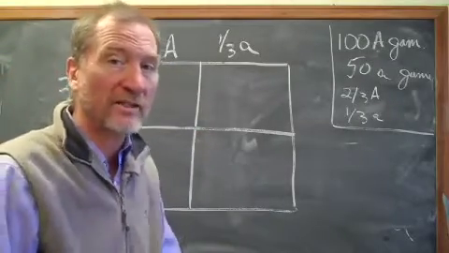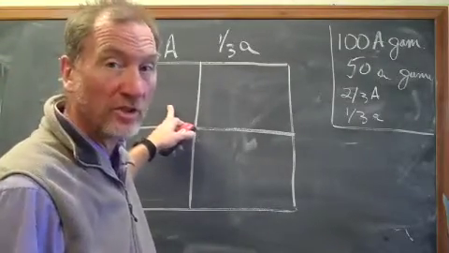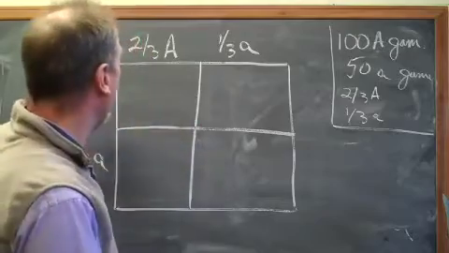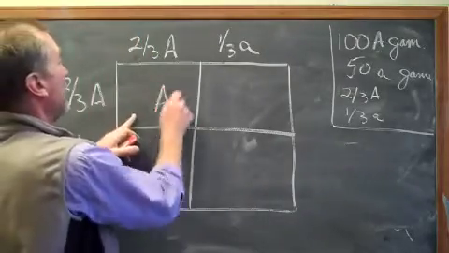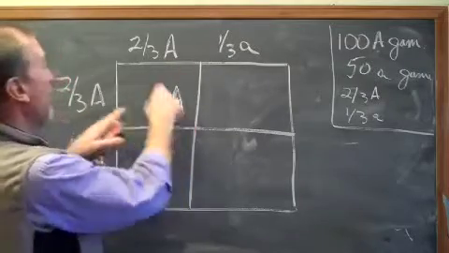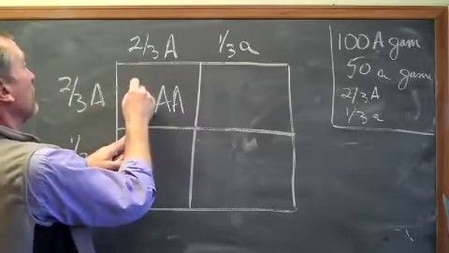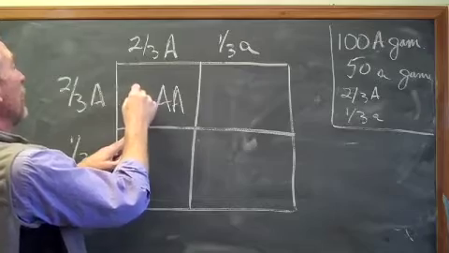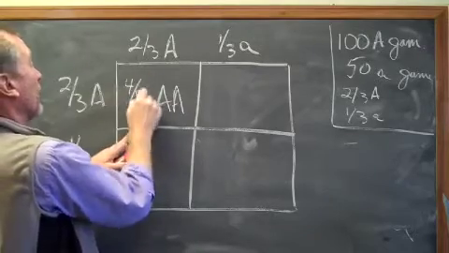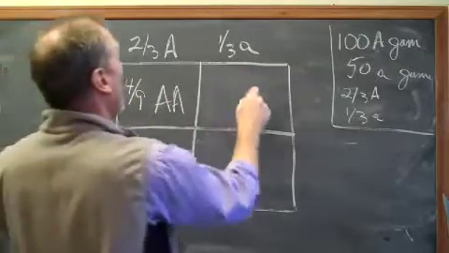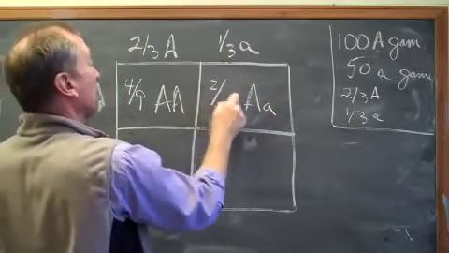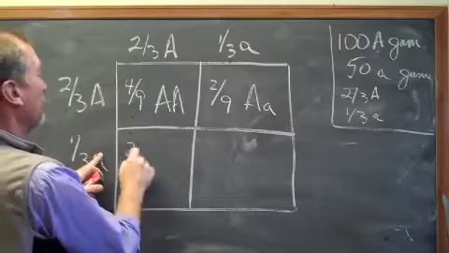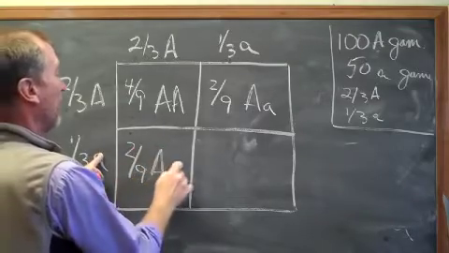But now the process is the same. To determine the resulting genotypes, we multiply the frequencies. So for the big A big A genotype, it's 2/3 times 2/3 is equal to 4/9. For the big A, little a genotype, it's 1/3 times 2/3 is 2/9. And this will also be 2/9 big A, little a.